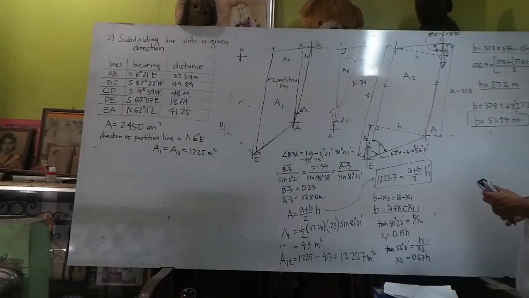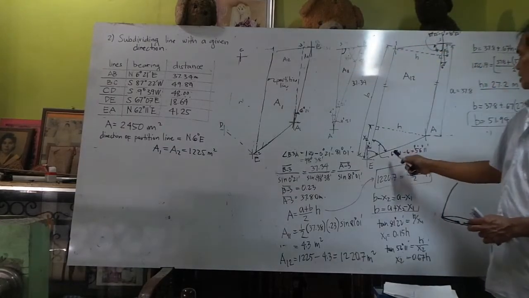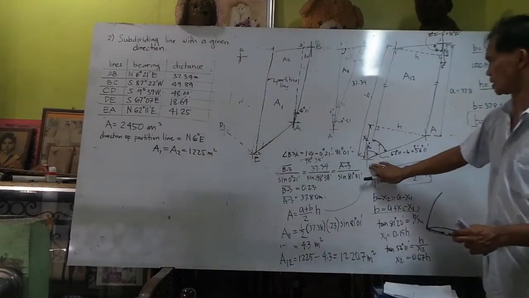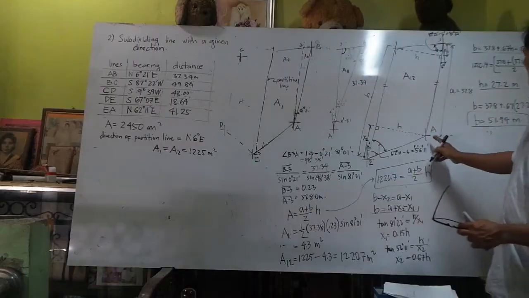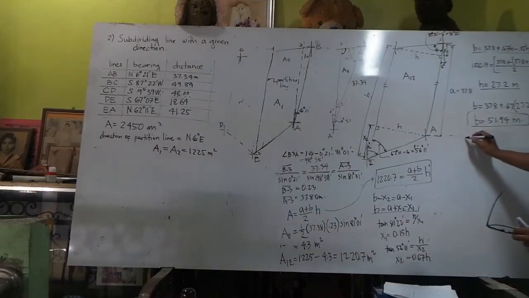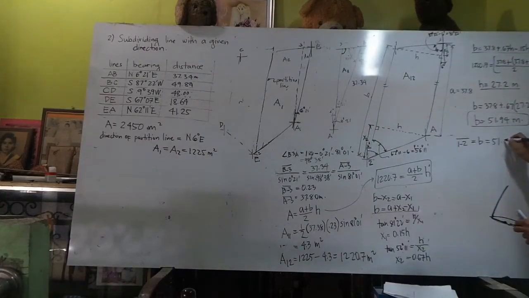Okay, so that's it. Now if you want to solve the location of that partition line from any point, you can solve it using this right triangle. This is point 2. So our b, which is the length from 1 to 2, is equal to 51.94 meters.